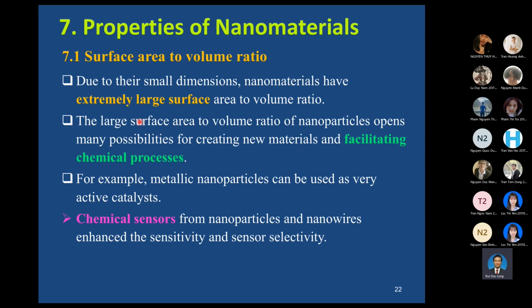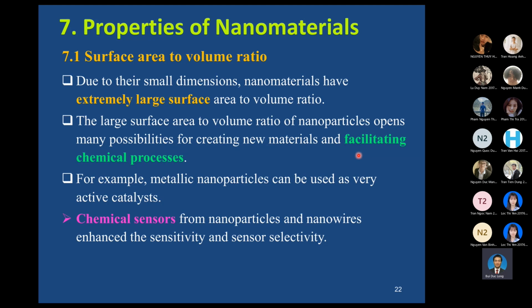The large surface area to volume ratio of nanoparticles opens many possibilities for creating new materials and facilitating chemical processes. It means the surface of a nanoparticle has a very high fraction of free atoms on the surface of the particle.